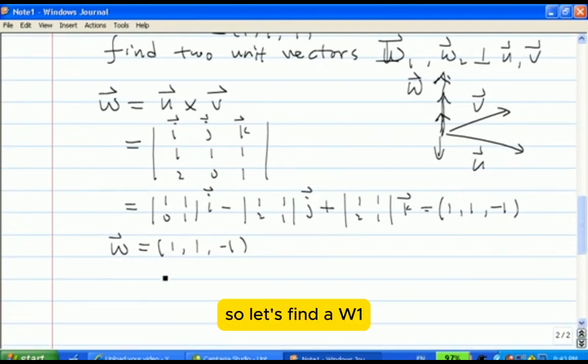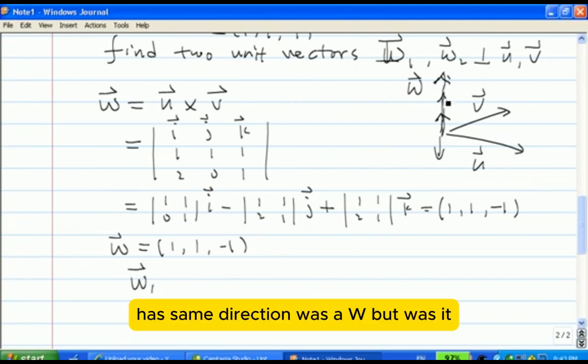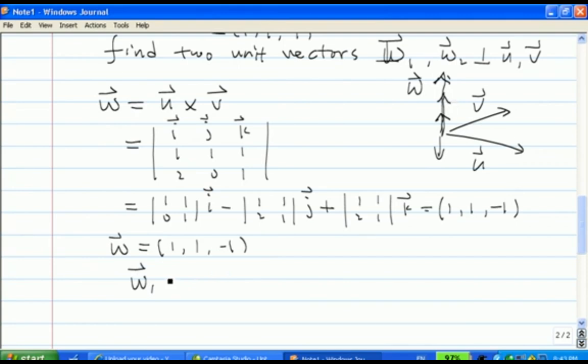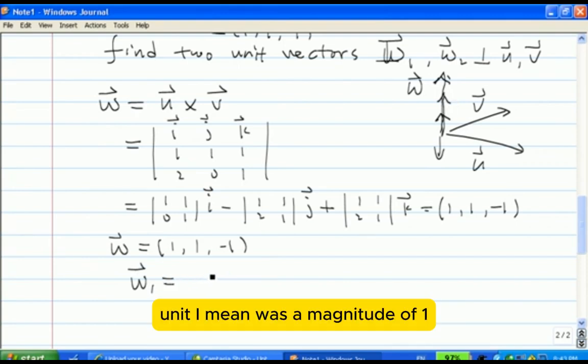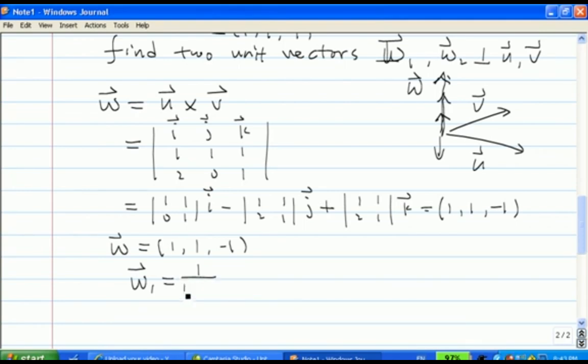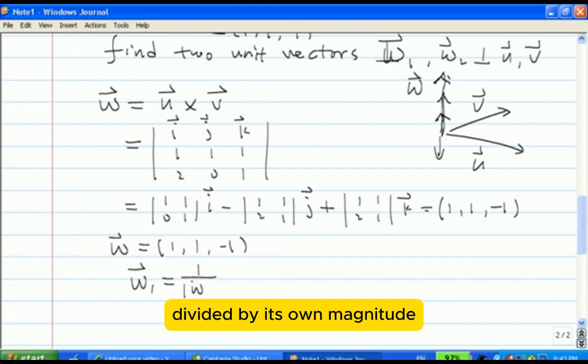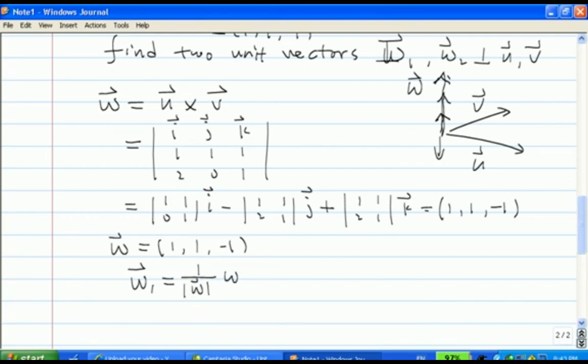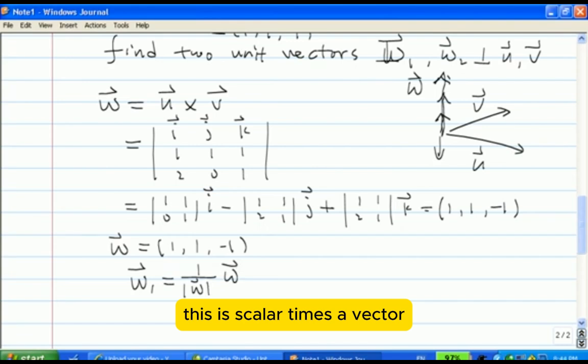So let's find W1. W1 has the same direction as W, but with magnitude 1. To find this, you just need to divide by its own magnitude. This is a scalar times a vector.